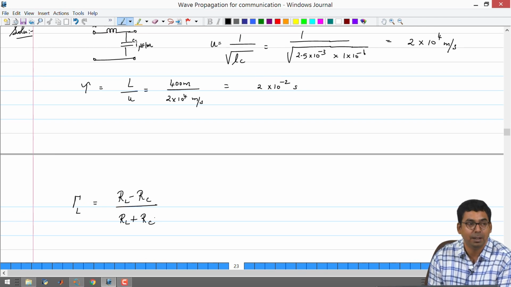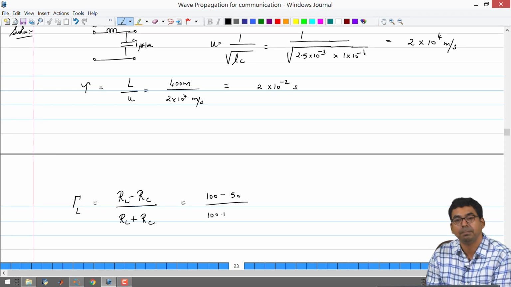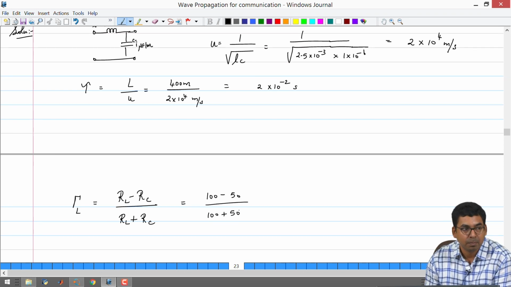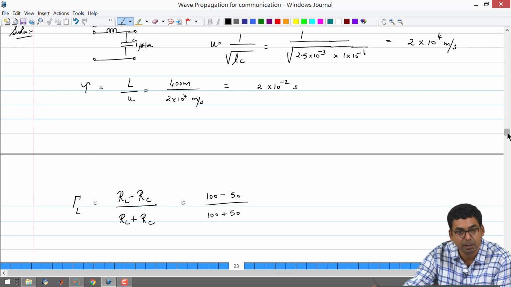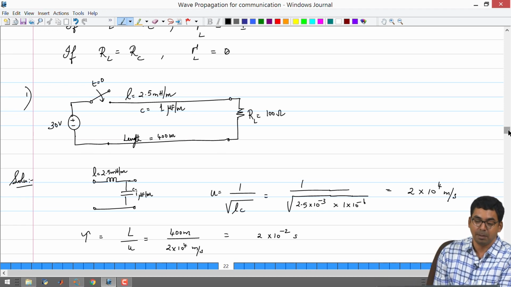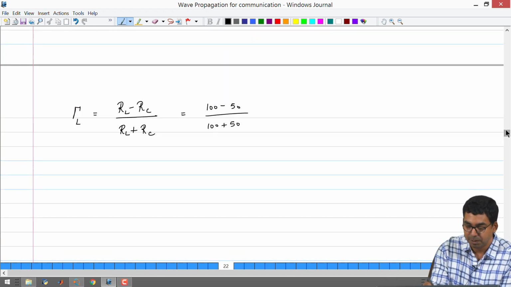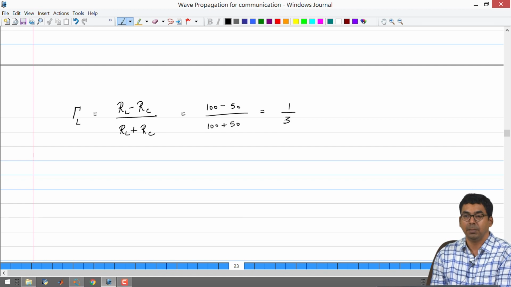That's how I have made it. So this is going to be 100 minus 50 divided by 100 plus 50. Square root of L by C, 2.5 millihenry per meter divided by 1 microfarad, that will become 50 ohms. So 100 minus 50 by 100 plus 50, which means that the reflection coefficient is going to be positive and it is going to be of the value 1/3.